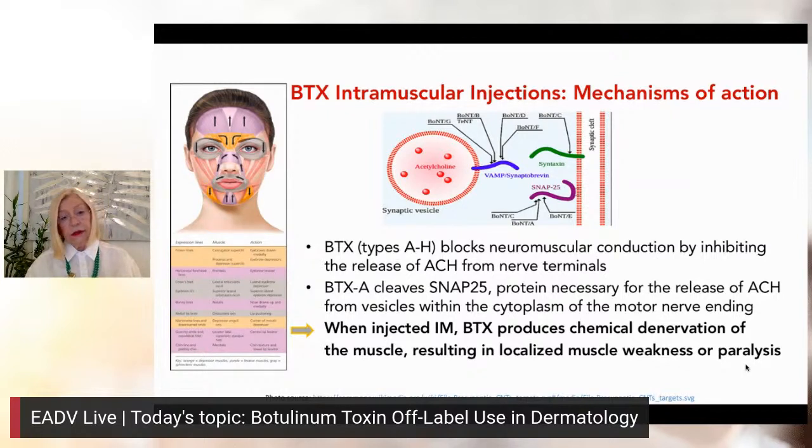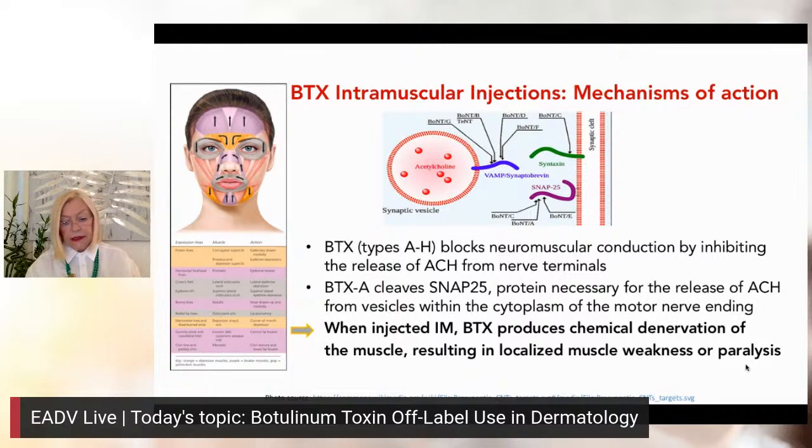Botulinum toxin actually blocks neuromuscular conduction by inhibiting the release of acetylcholine from nerve terminals. Also, it prevents the release of the neurotransmitter acetylcholine from axon endings in the neuromuscular junction.